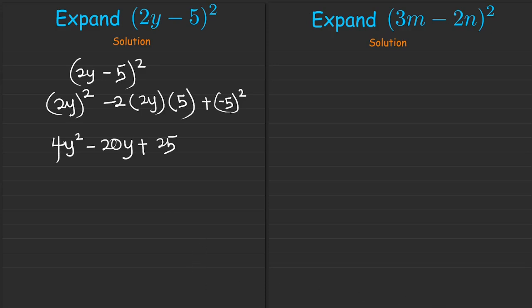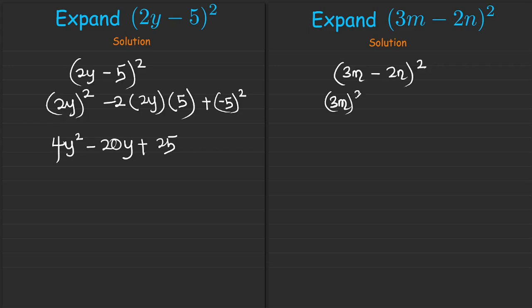So our second example on the square of a difference is as you see on the screen. You can pause and then try it on your own to see how you have been able to grasp the concept. So we have 3m minus 2n, then all squared. Our first term is the 3m, and the second term is the negative 2n. So the identity says you should square the first term, that is 3m.